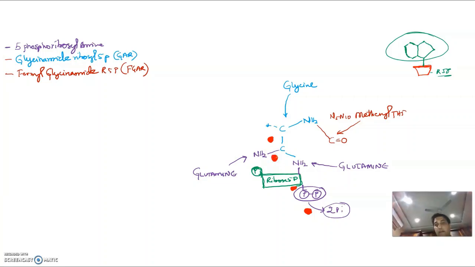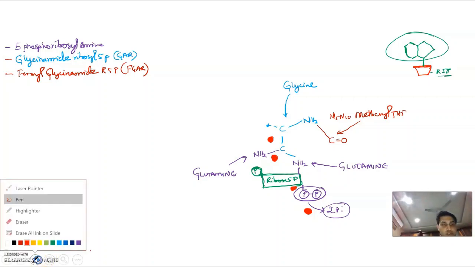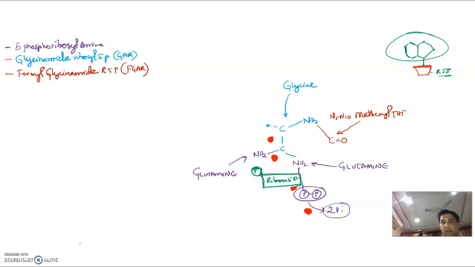One more amino group is added. So this formyl glycinamide becomes formyl glycinamidine ribosyl 5-phosphate, or FGAM.